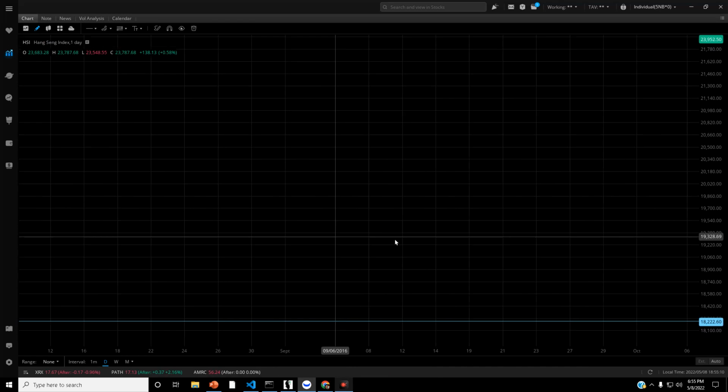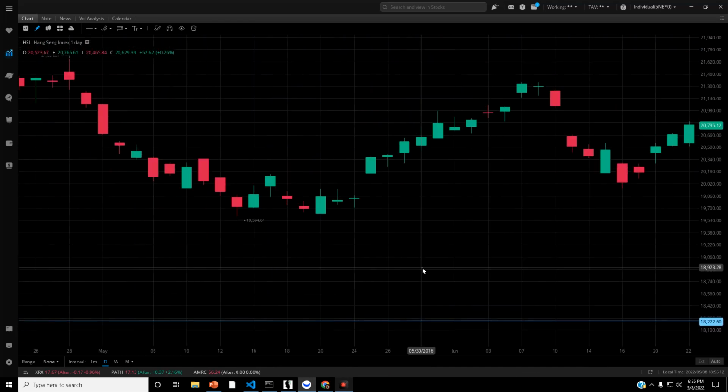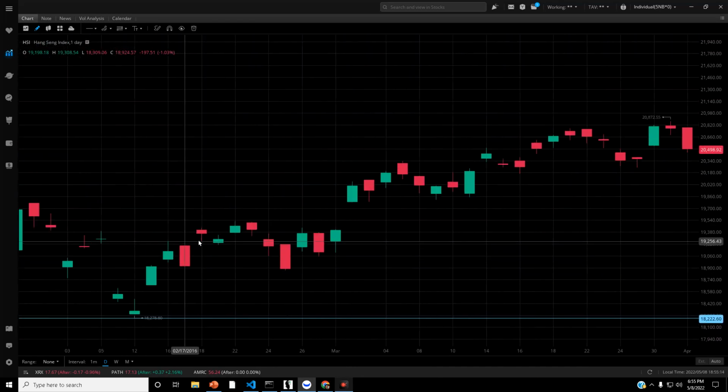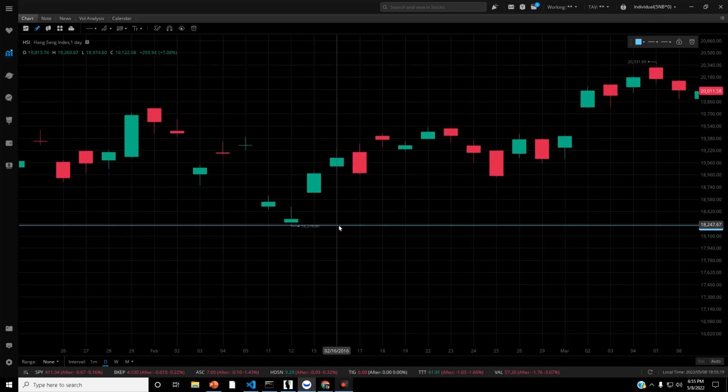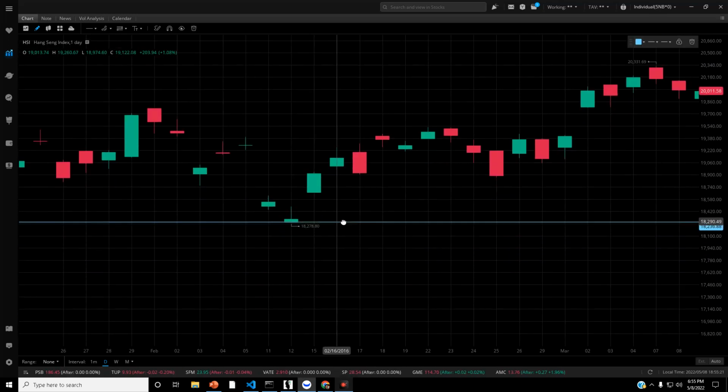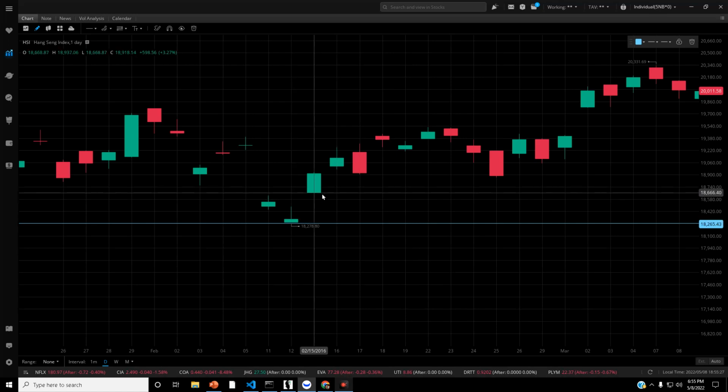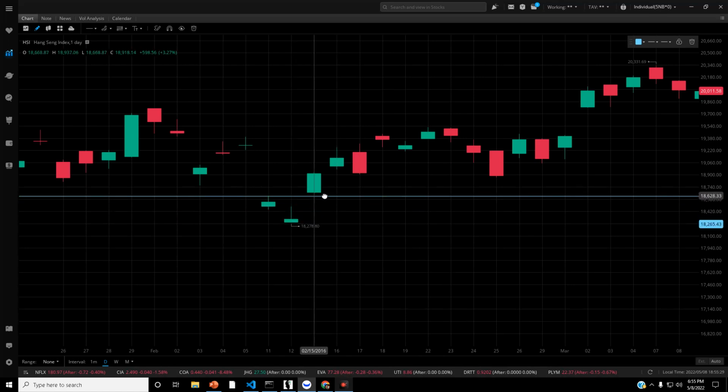Oops, saw some candles. Still going. Boom! Look at that. That is what you call holy shit. That is where the gap filled. It gapped down to fill this gap right here.